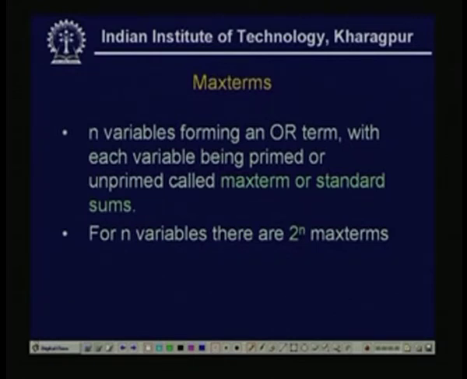Here the dot is replaced by plus, meaning AND is replaced by OR, and similarly the terms are defined as the sum, or the max term. Here also, for n variables there are 2 to the power n max terms.